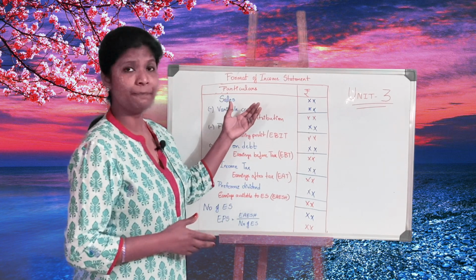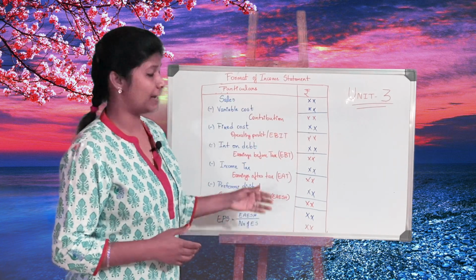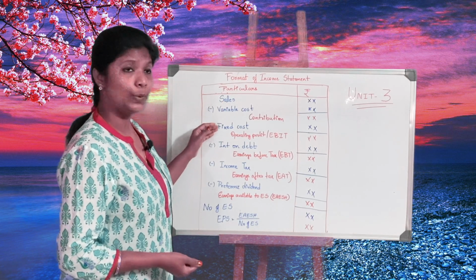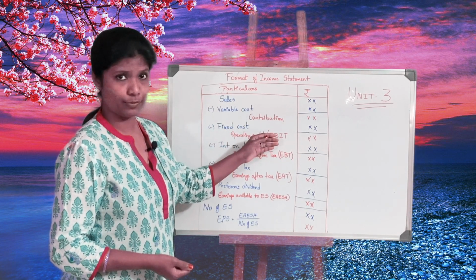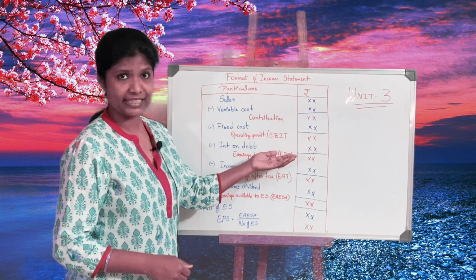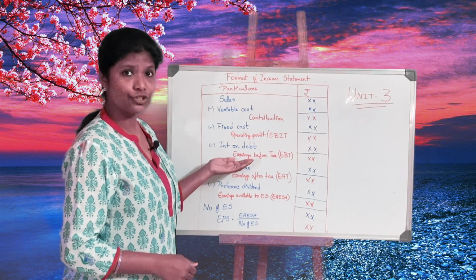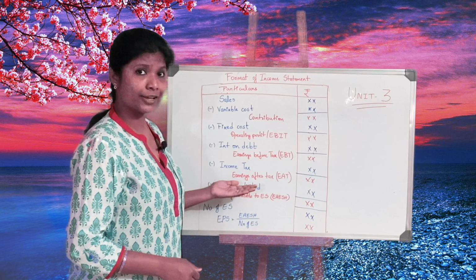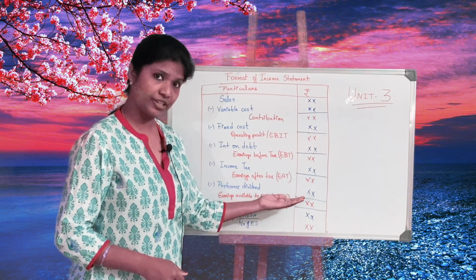Hope you have understood the format of the income statement. Starting from sales or revenue, you deduct variable cost, you arrive at contribution. Then you deduct fixed cost, you arrive at EBIT. You deduct interest on debenture, you arrive at earnings before tax. You deduct income tax, you arrive at earnings after tax.